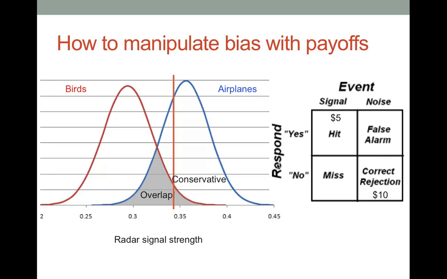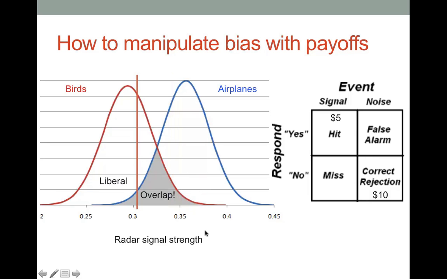That would be called a false alarm, because you thought it was a jet, but it was actually just birds. And that's not a big deal. It would be worse to get a miss, when it is an airplane and yet you called it a bird. And so that kind of criterion would be a liberal criterion. We would get not many misses, which would be this part of the airplane distribution, but a fair amount of false alarms, this part of the bird distribution. And that's okay, because we just want to make sure we don't get bombed.